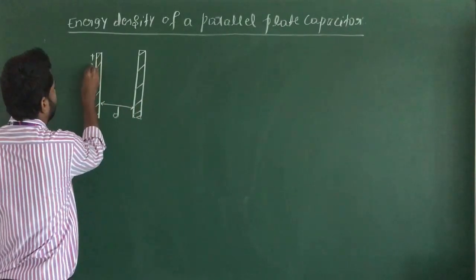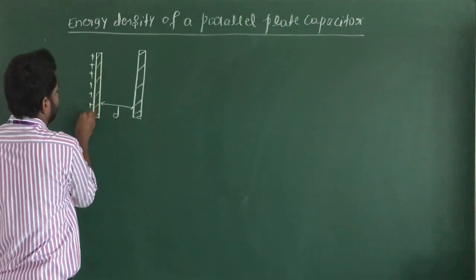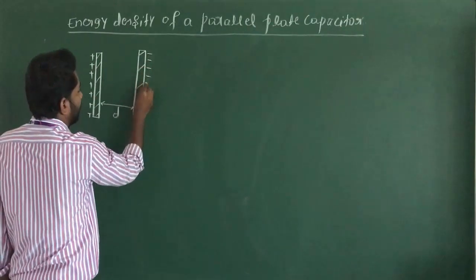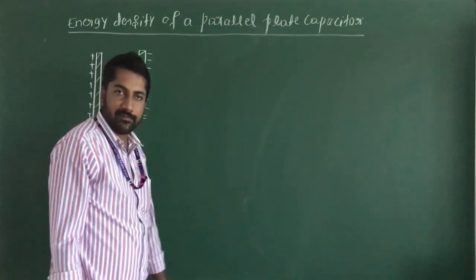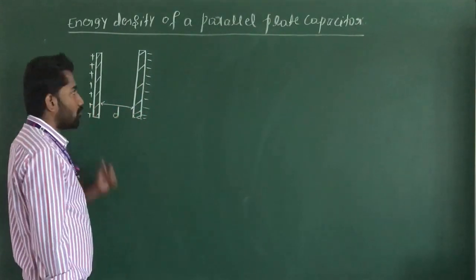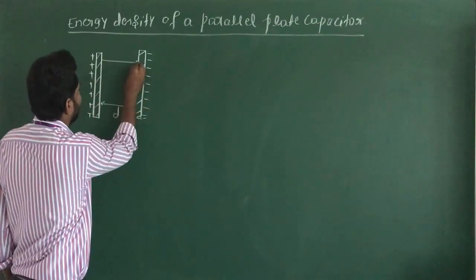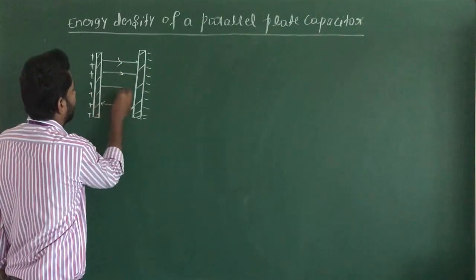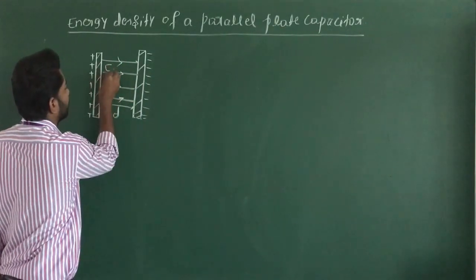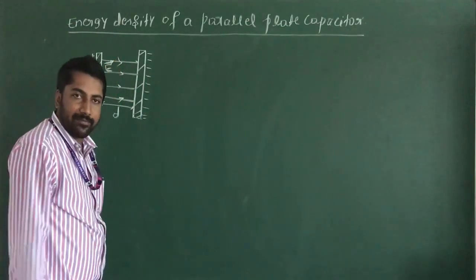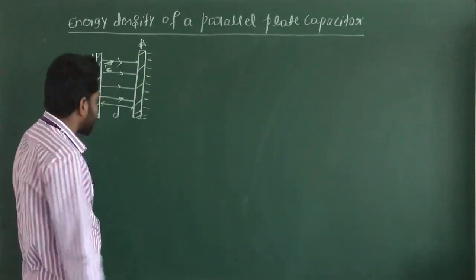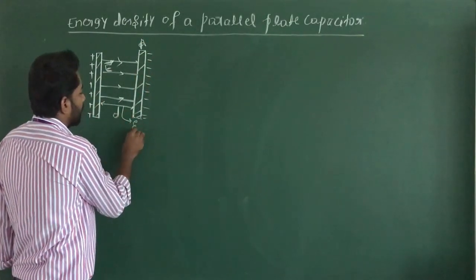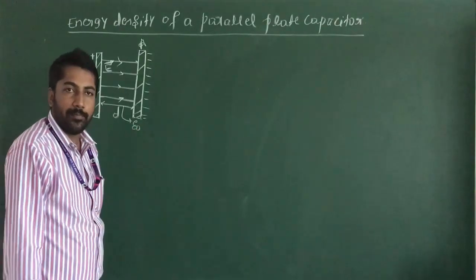Suppose this is the positively charged plate and this is the negatively charged plate. C is the capacitance of the capacitor, d is the distance between these two plates, E is the net electric field between the plates, A is the area of each plate, and epsilon naught is the permittivity of free space.